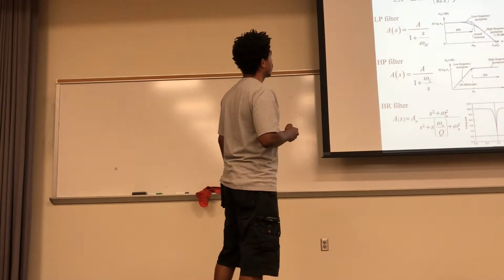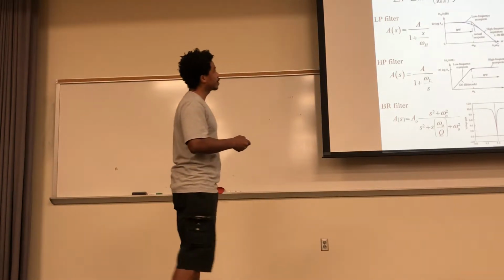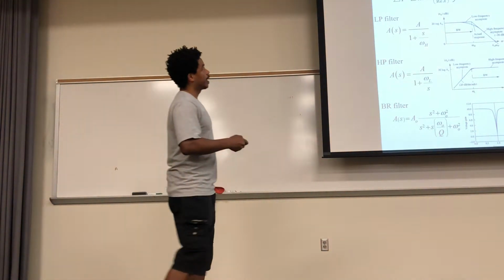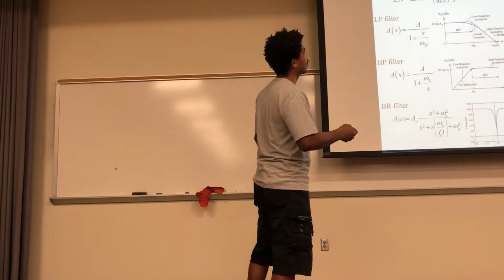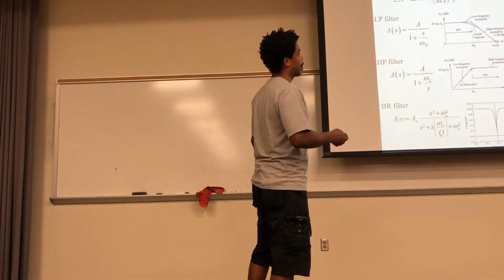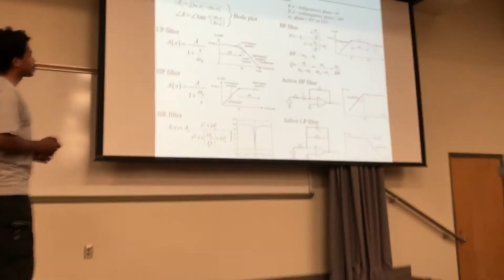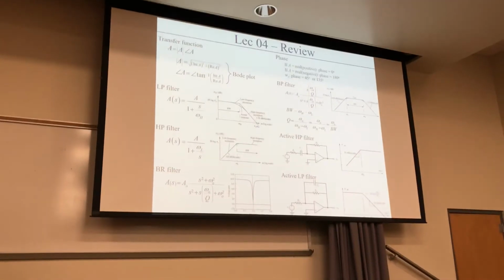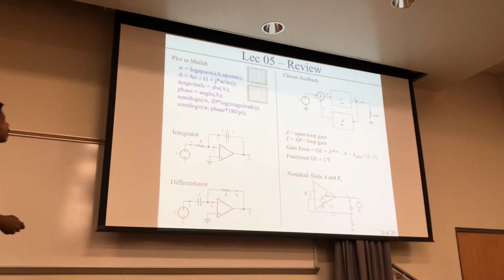We looked at the low-pass filter, its characteristics, the high-pass filter, the band reject type of filter, and compared it to the band pass filter, and also active filters adding in op amps for those characteristics. And basically, these can also be used as building blocks for filters as well.